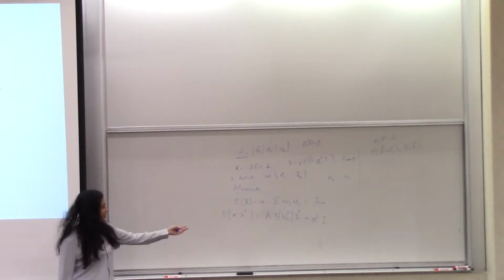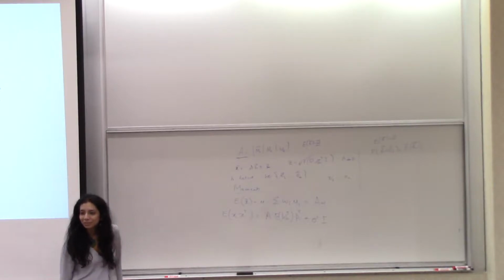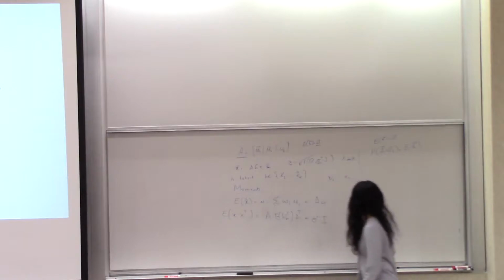What are the possible values H can take? Yeah, so how do I interpret this?